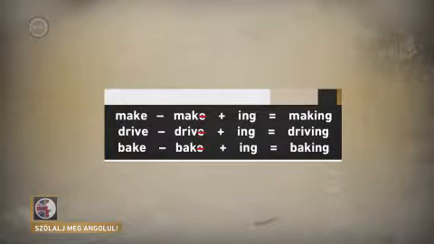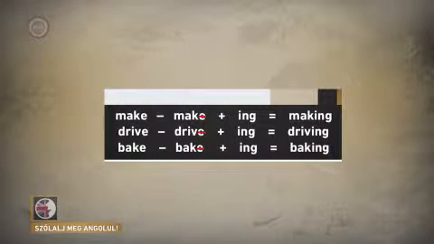And this week, we learned we have to be careful if the verb ends in E. If the verb ends in an E, like, for example, make, or drive, or bake, then we remove the E before we add ing. It's not makeing, it's making. It's not driveing, it's driving. And it's not bakeing, it's baking.